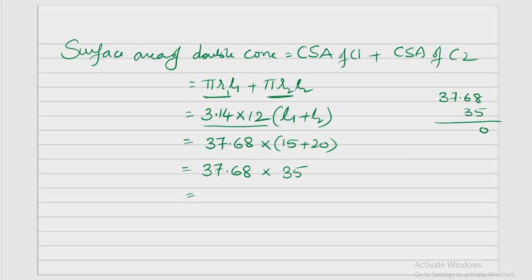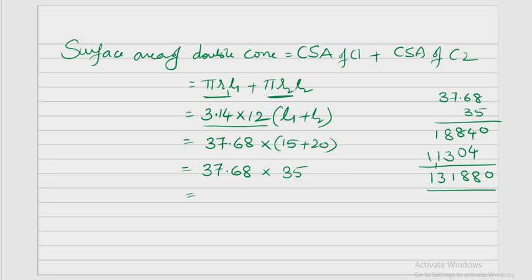5 8s are 40, 4 is carried, 6 5s are 30, 34, 3 is carried. 7 5s are 35, 38, 3 is carried, 5 3s are 15 plus 3, 18. Next 3 8s are 24, 2 is carried, 6 3s are 18, 20, 2 is carried, 7 3s are 21, 23, 2 is carried. 3 3s are 9 plus 2, which is 11.